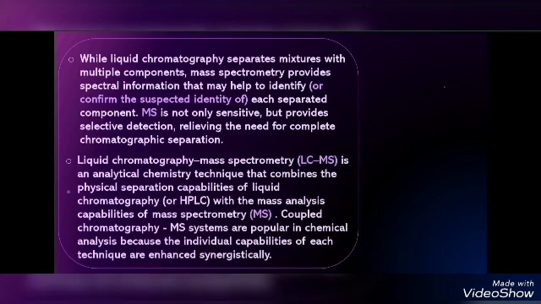Liquid chromatography-mass spectrometry (LC-MS) is an analytical chemistry technique that combines the physical separation capabilities of liquid chromatography, or HPLC, with the mass analysis capabilities of mass spectrometry. Coupled chromatography-MS systems are popular in chemical analysis because the individual capabilities of each technique are enhanced synergistically.